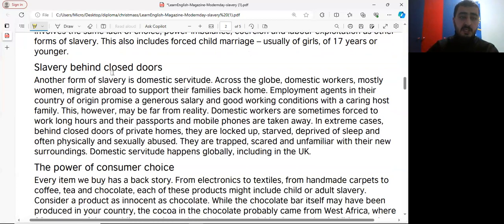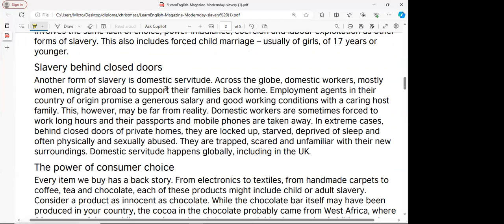Can you start reading? Slavery behind closed doors. Another form of slavery and domestic servitude across the globe. Domestic workers, mostly women, migrate abroad to support their families back home.